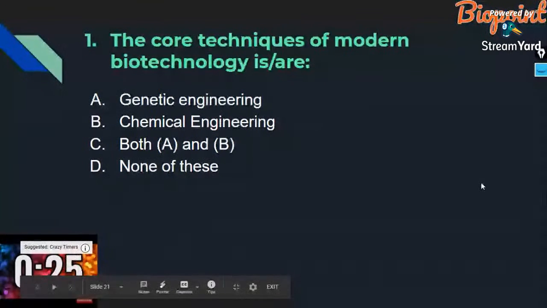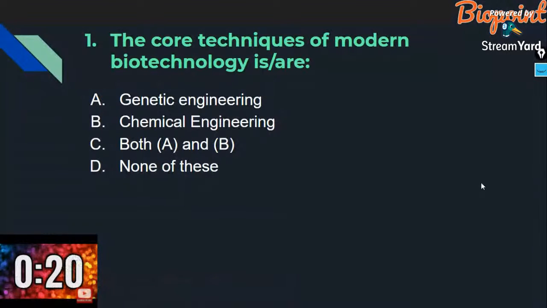The core techniques of modern biotechnology are: genetic engineering, chemical engineering, both A and B, none of these. You have 30 seconds to answer this question. Just think once again. We have discussed only genetic engineering in today's class.